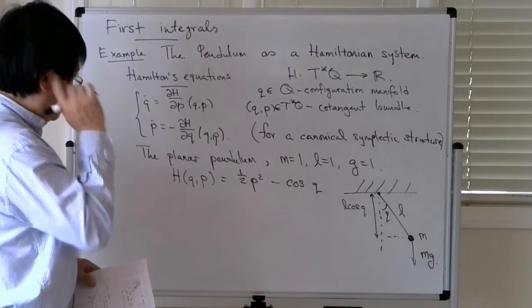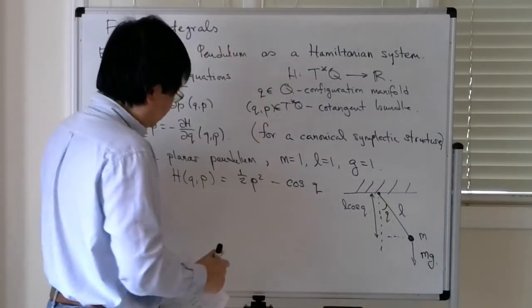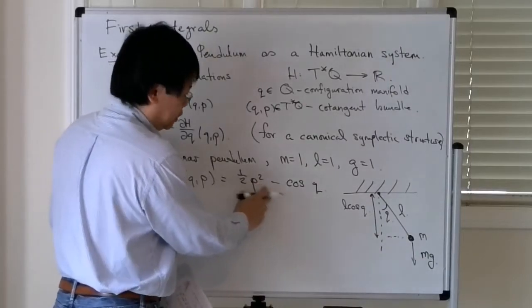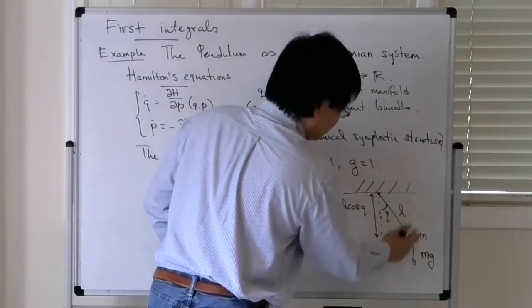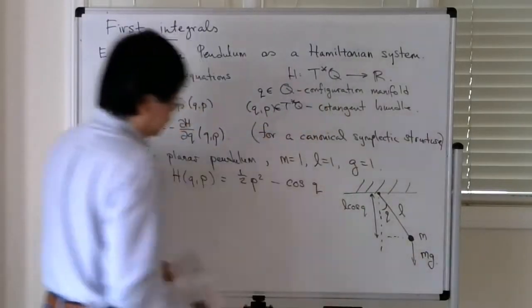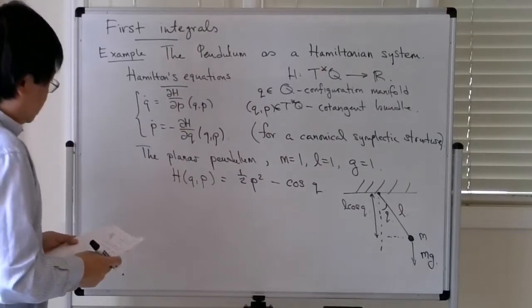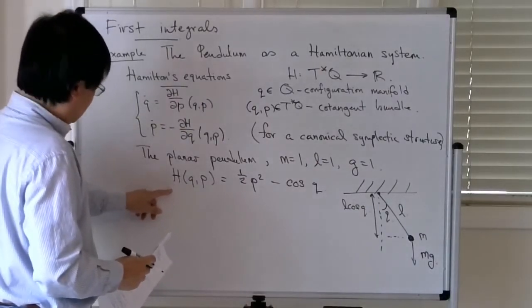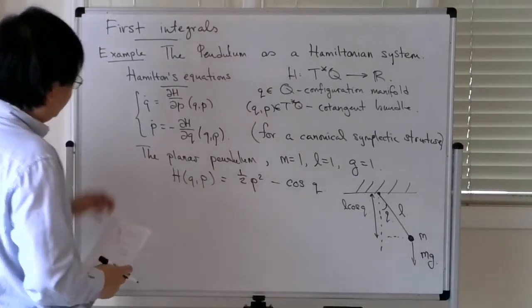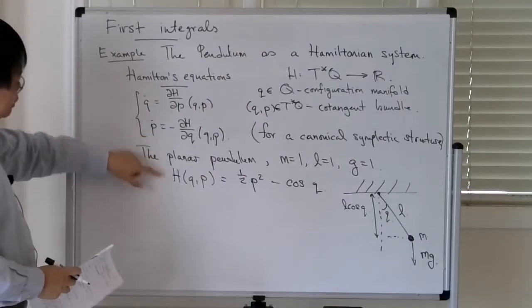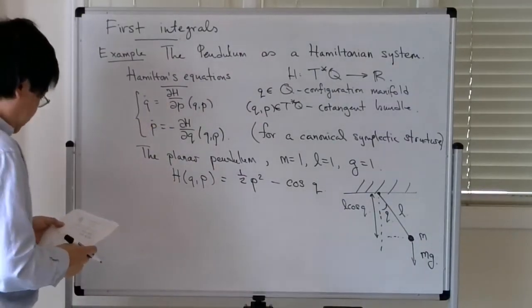The way to think about this is that this is a kinetic energy term, and this is a potential energy term having to do with the fact that there's a mass in a gravitational well. So if you have this Hamiltonian, then you can write down the corresponding equations of motion by substituting H into these canonical Hamilton's equations.